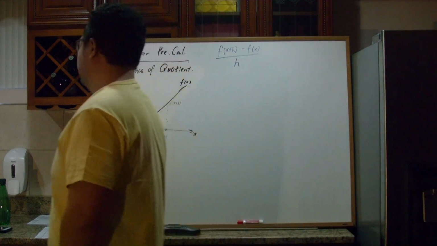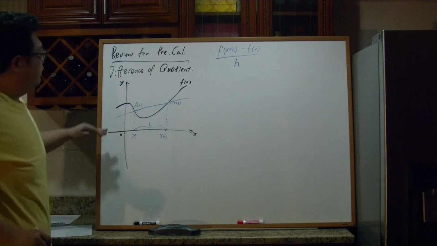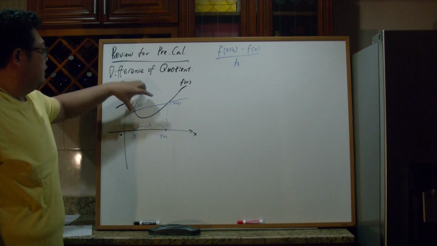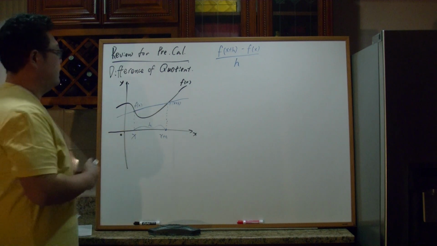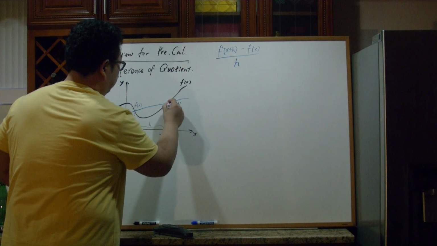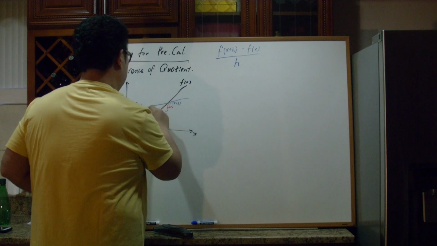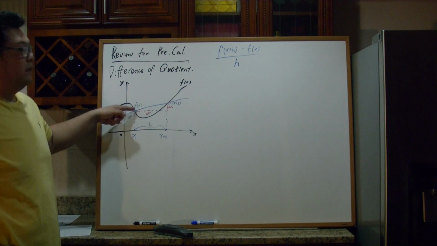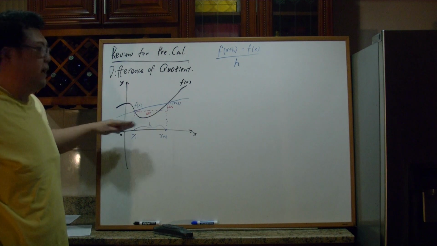And graphically, we can form a secant line between the two points, and the difference of y over the difference of x is the tangent value of the angle formed by the line and the x-axis.